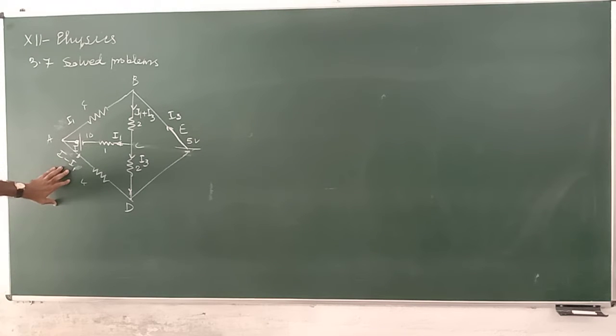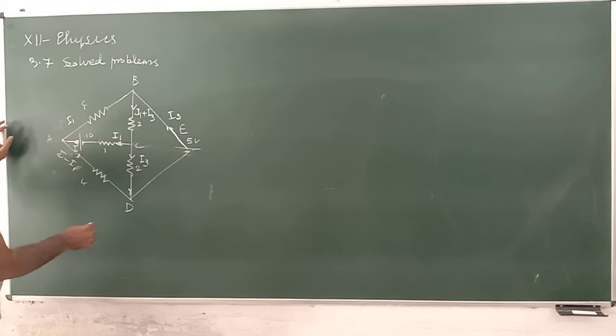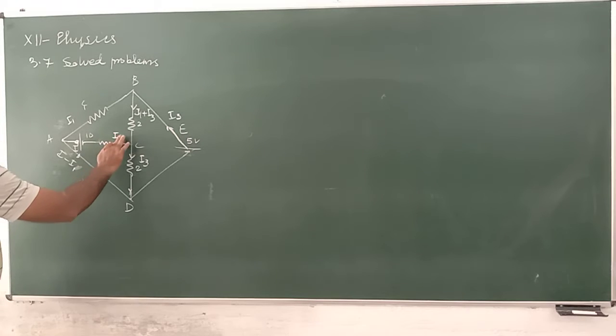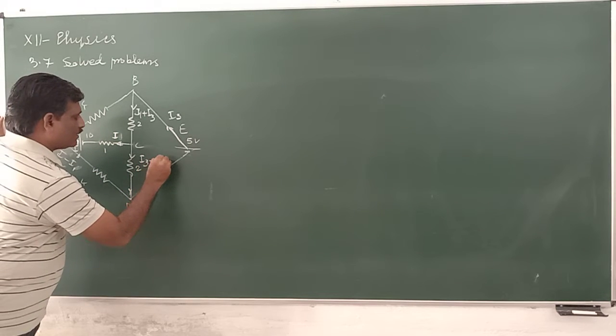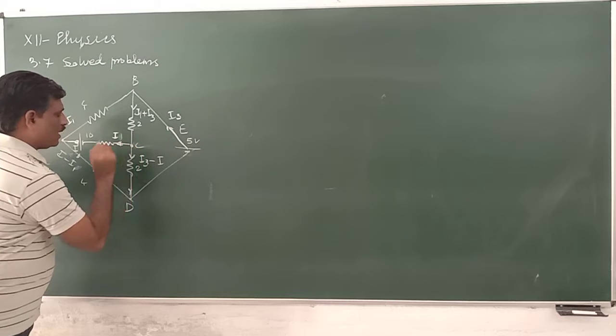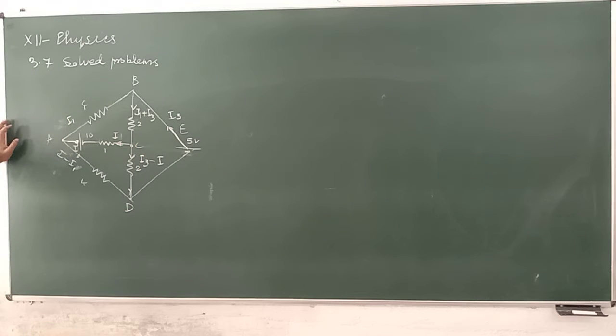It is coming here. I1 is going to this one. I3 is coming here. So finally, it's I that is going here. So it is I3 minus I. It's coming to this one, I3 minus I.